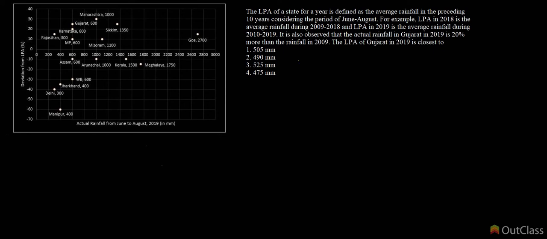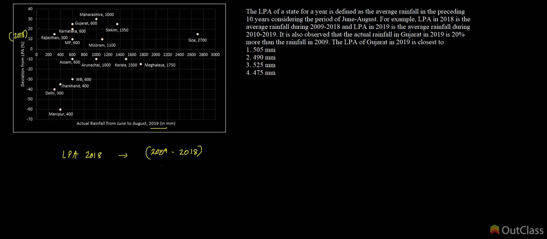Before we do this, I just want to remind you that in the original graph, the deviation from LPA of 2018 is given and the actual rainfall of 2019 is given. Okay, so what's given is that the LPA is the average for the 10 years up to a period of time. So when you say LPA 2018, that is the average of 2009 till 2018.